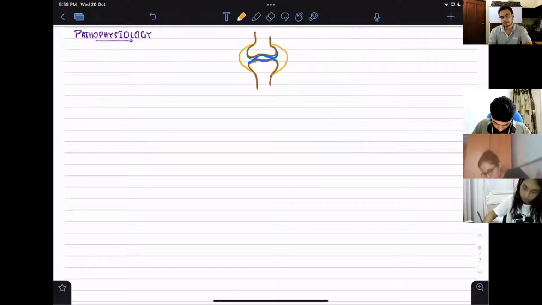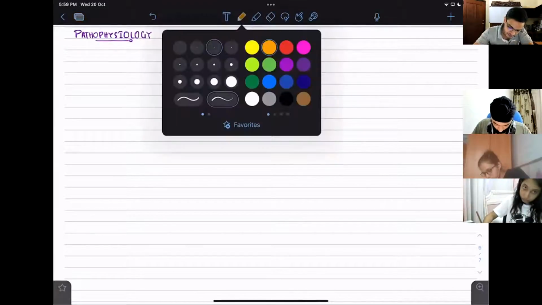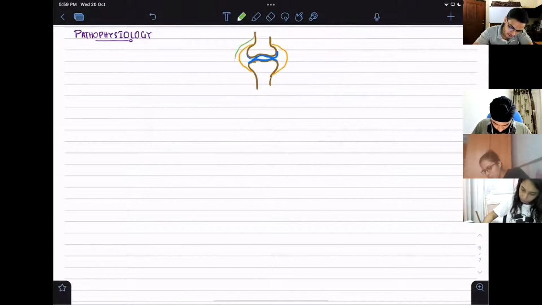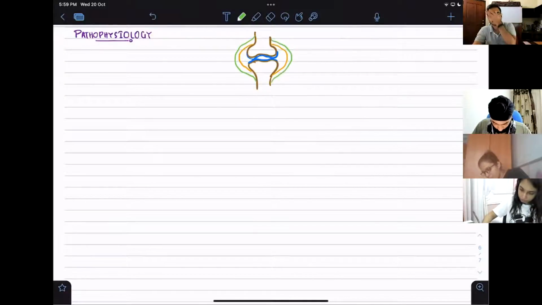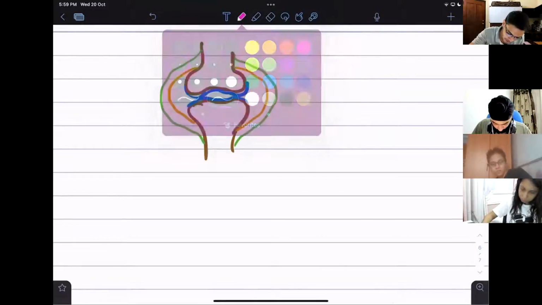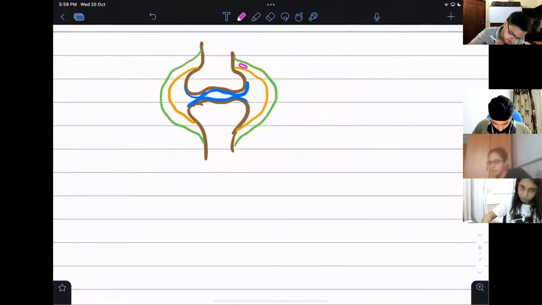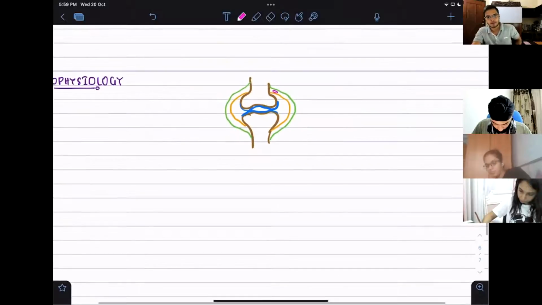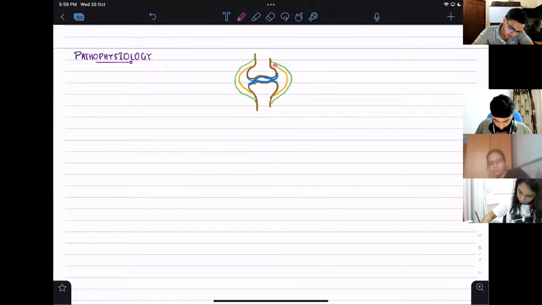Then we also have the joint capsule surrounding the entire thing. And don't forget, we can have some bursa here, somewhere there. Look at this, guys. Now this is our normal joint.